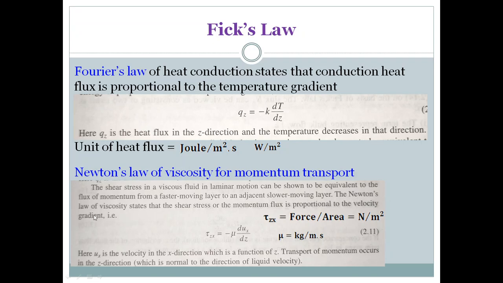Newton's law of viscosity states that the shear stress, or momentum flux, is proportional to the velocity gradient. That means tau zero x equals mu times the velocity gradient. So k is thermal conductivity, the proportionality constant for Fourier law, and for Newton, mu is viscosity, in kg per meter second, and tau is force per unit area, Newton per meter square.